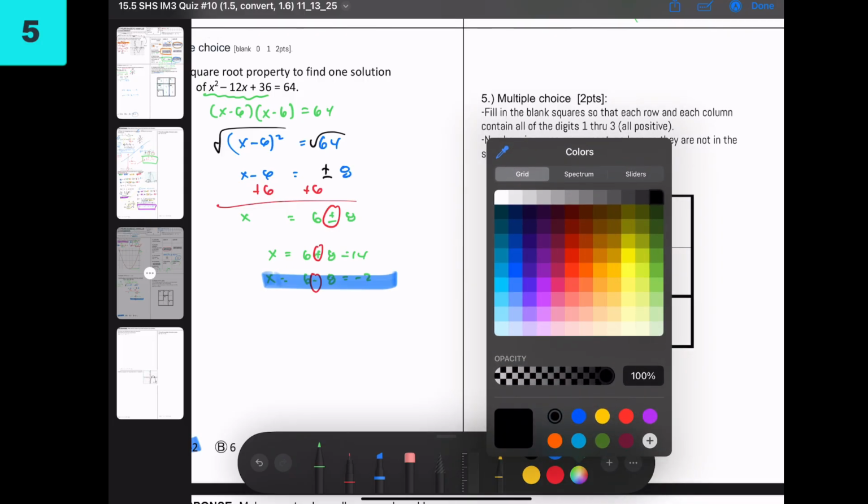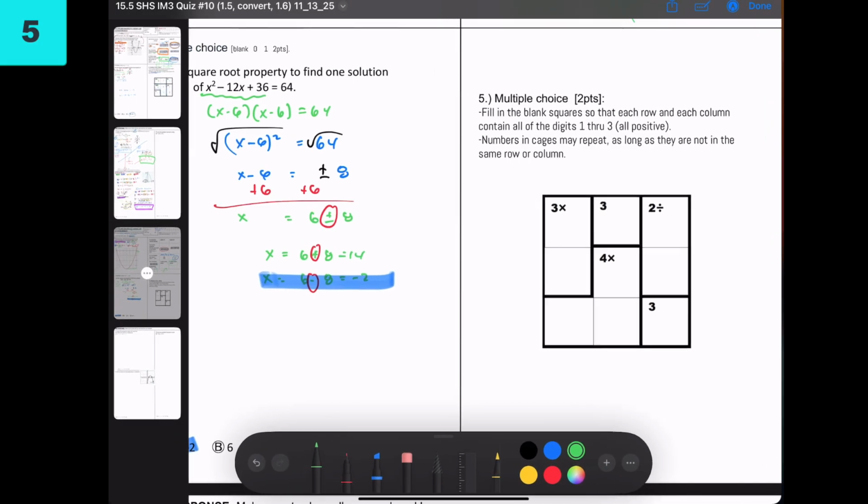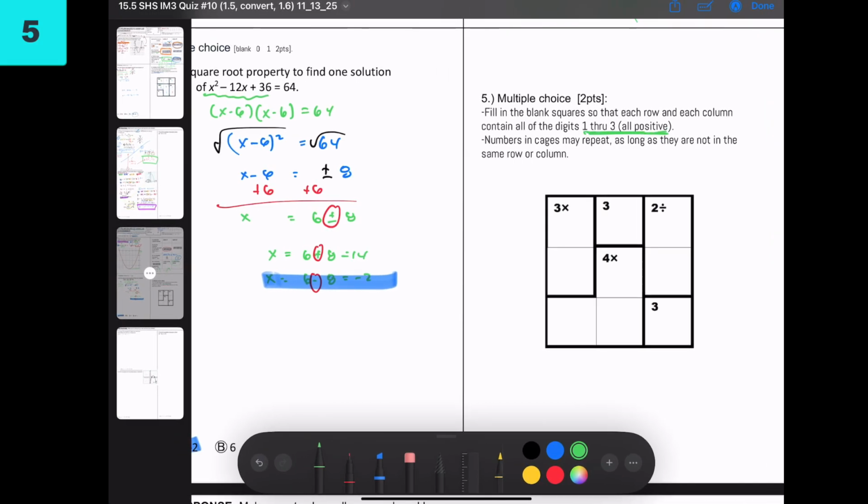Okay, let's do our KenKen here. Now you have multiplication and division. So we're still going to use all the positive numbers. And remember, numbers in cages can repeat. So here's a cage. I'm only going to use 1, 2, and 3. Although all of these multiply to be 4, these 2 are repeating.